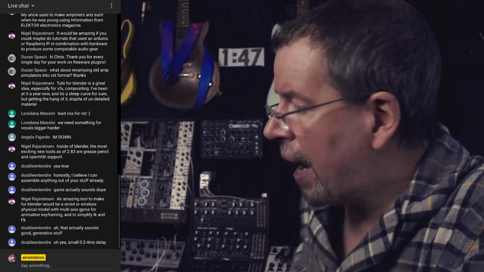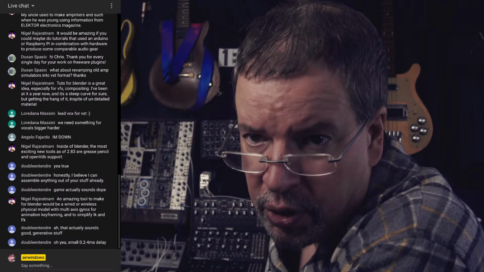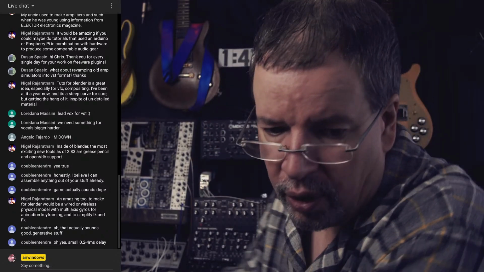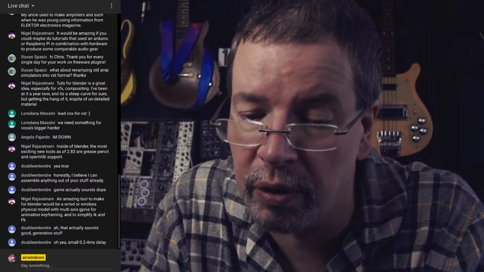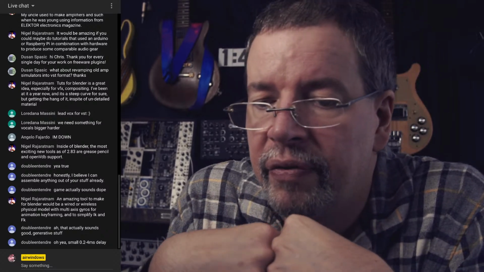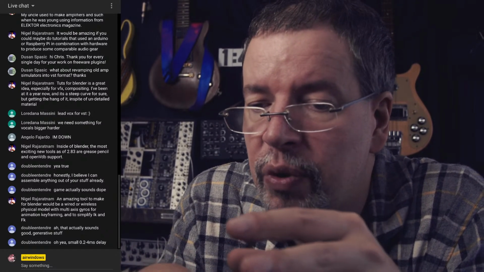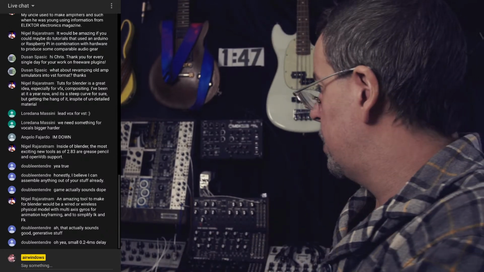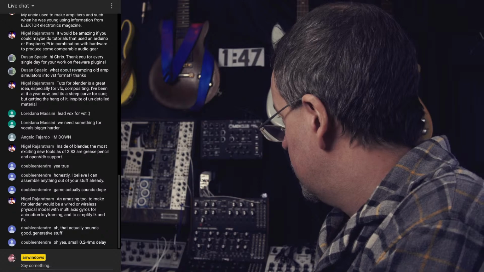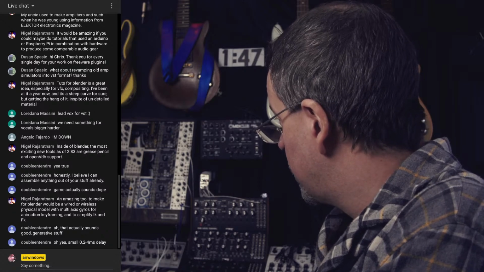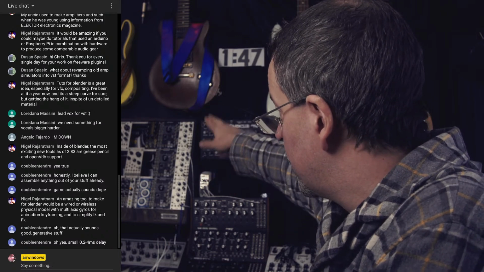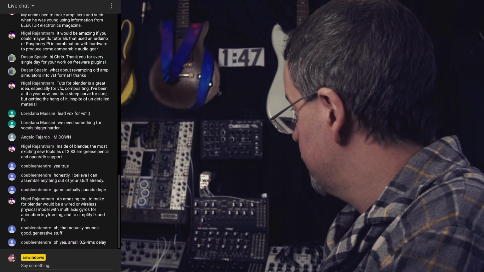What I can do by patching these into each other, and this is the sort of thing I could make in raw chips, or at least that's what I'm looking to learn to do, I'm moving in that direction. If you have them patched into each other so that the output of the one, in addition to driving stuff, I think what I was actually doing is using the out to go into the CV of the other ones because I wasn't using the out for anything else.